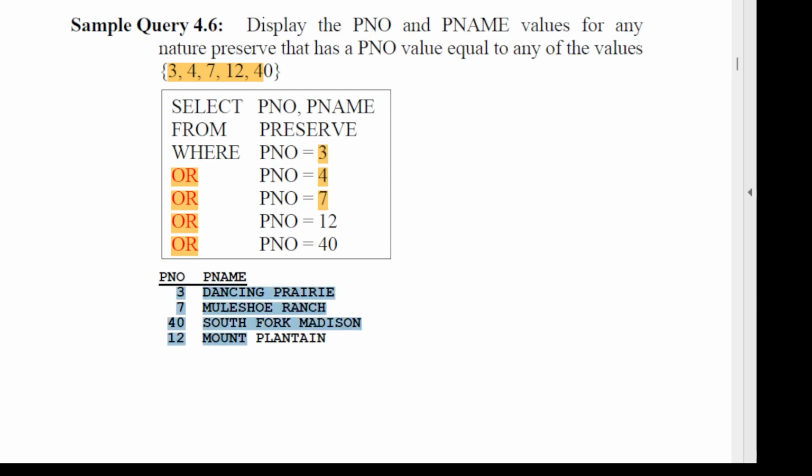We see 4 rows that were selected. It was only the case that there is no preserve with a P number value of 4. Pretty simple, pretty straightforward. By the way, in the following video, we'll see there's a way to make this more compact with an abbreviation using the keyword IN.